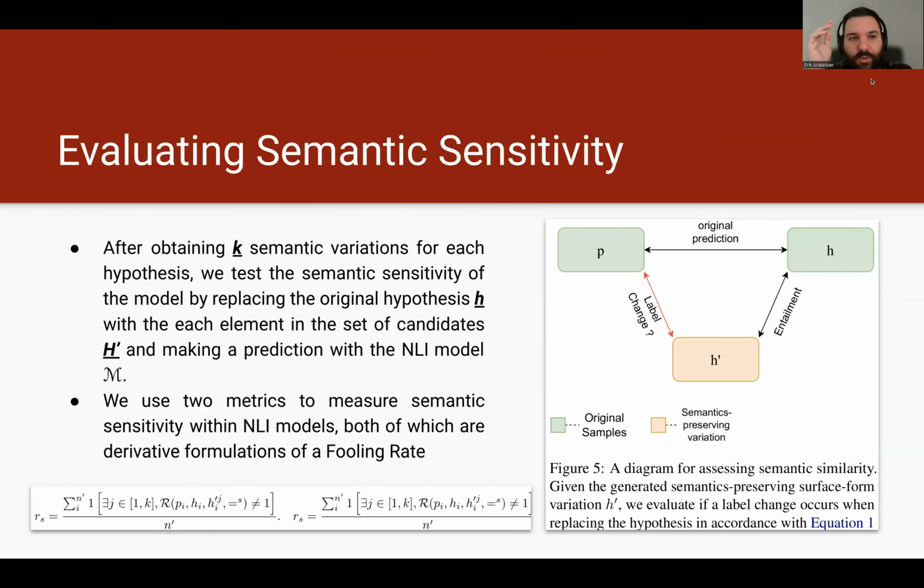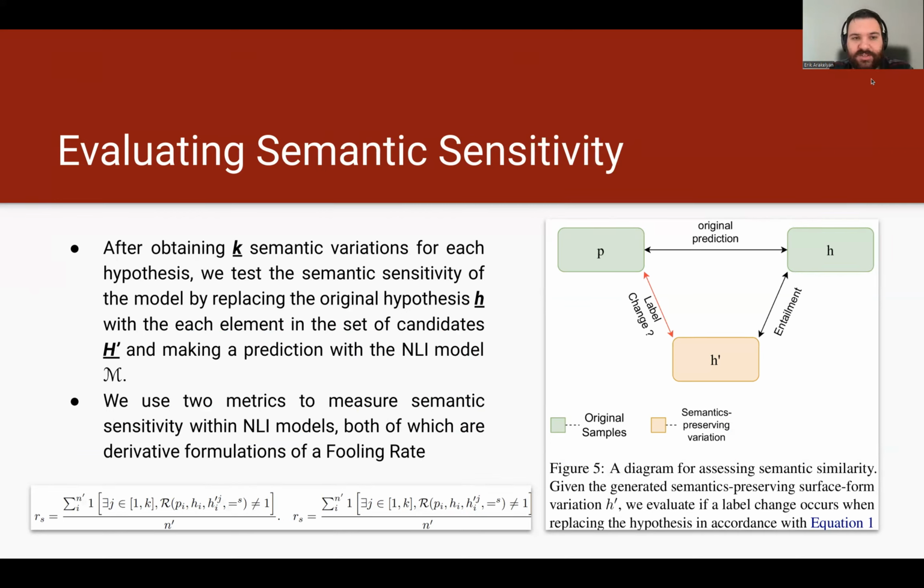So with this out of the picture, we should actually start to understand, now, let's say we are able to generate this, what does it mean to evaluate for semantic sensitivity? Let's say we obtain the k semantic variations for our original hypothesis.